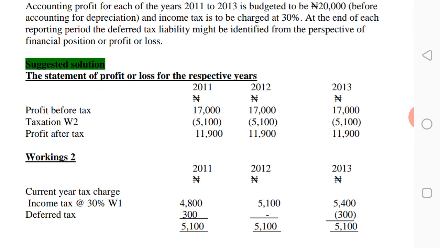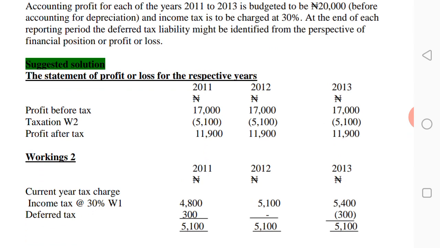Now, I remember as in our previous class, the tax that will be charged must include deferred tax. That means your normal provision should be based on taxable profit, so you must compute your taxable profit. This is our workings 2, the tax that will be charged, and it will be based on our taxable profits.